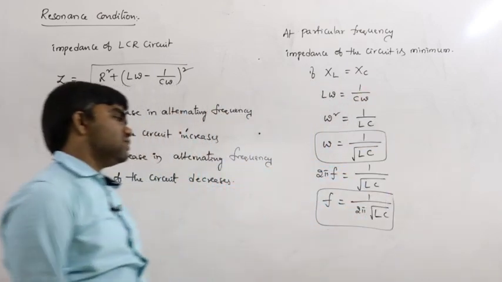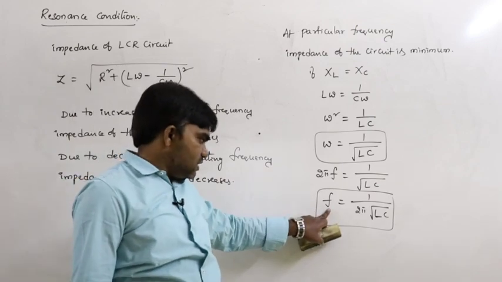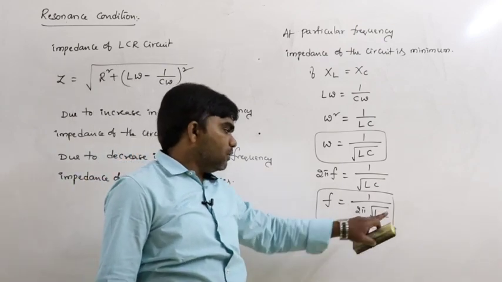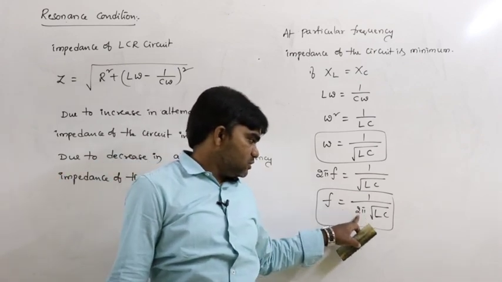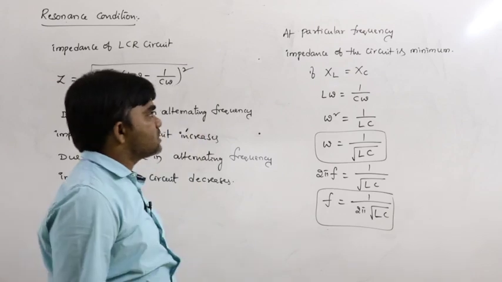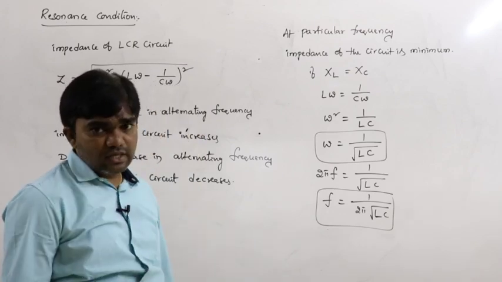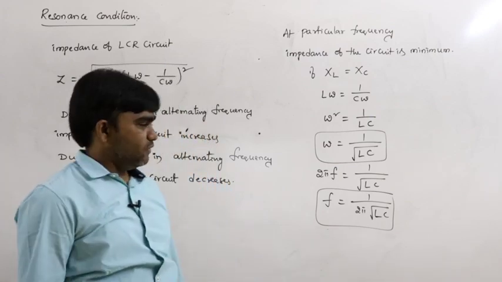So, this is the resonance frequency. If the frequency is equal to 1 by 2 pi root LC, then this frequency is called the resonance frequency.